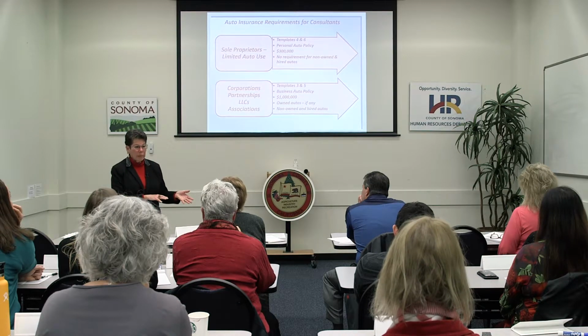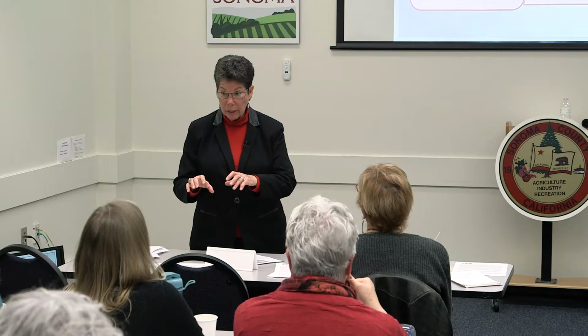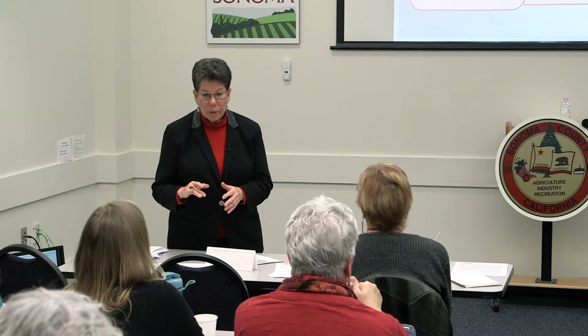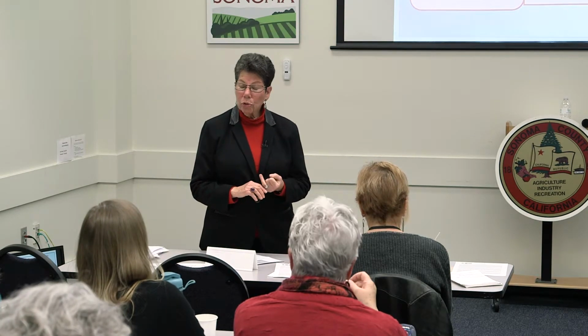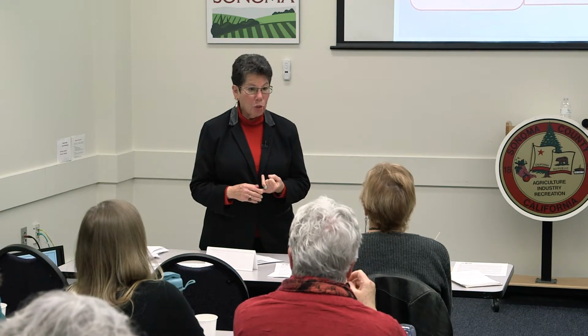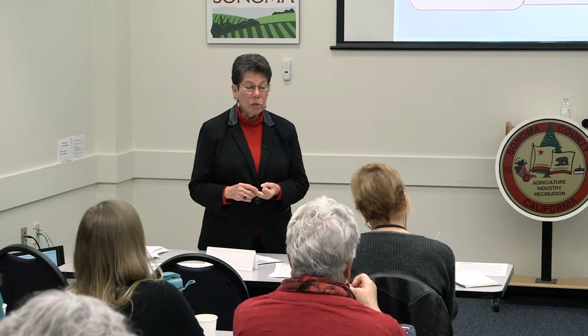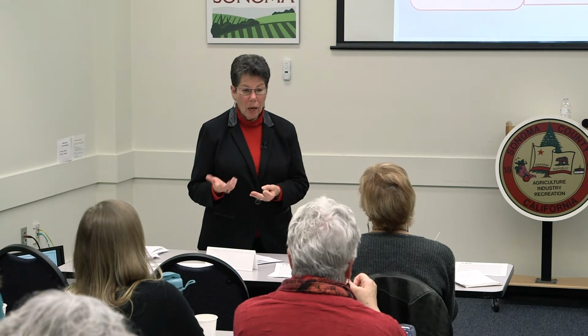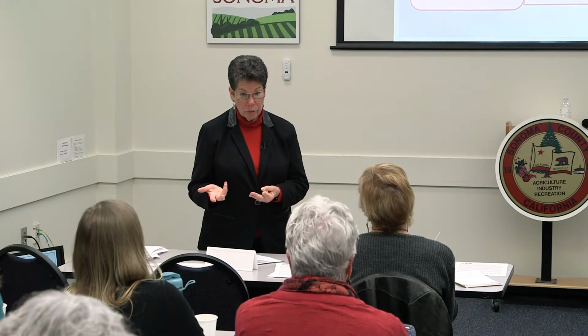It's exactly the same as the others except for the auto requirement. And the auto requirement for sole proprietor consultants is a $300,000 limit, which is reasonable for what they can get on a personal auto policy, and does not mention hired and non-owned autos.